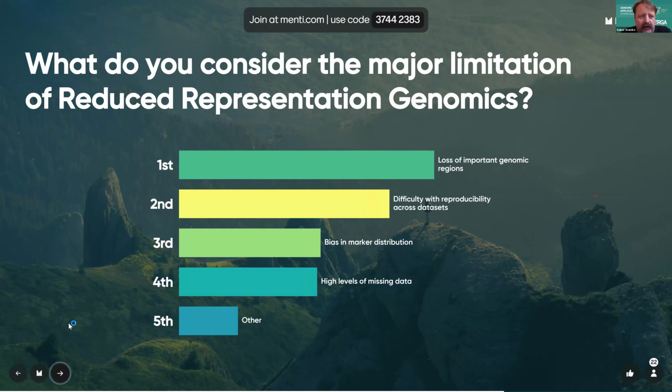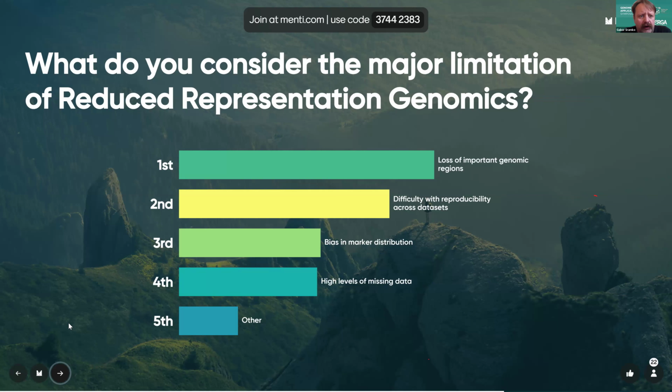And if I think of my own experience with it, we really managed to find some very nice adaptive regions and a lot of information from RADseq, although it's really very low horizontal coverage, but somehow it really finds almost all parts of the genome.